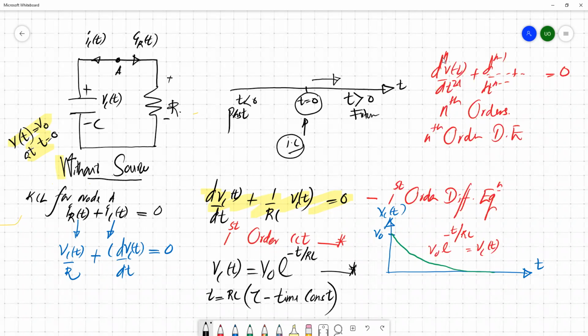If the time constant is relatively large, the capacitor needs more time to charge and more time to discharge. When t equals tau, which is the product of R and C, once you plug this t value in, we can identify the value as V naught divided by e. So this is where we define the time constant of the circuit.